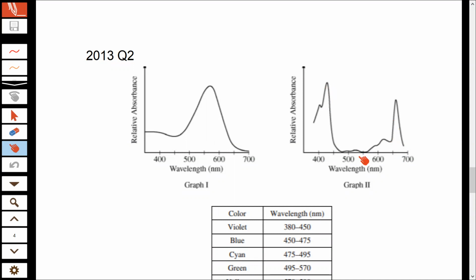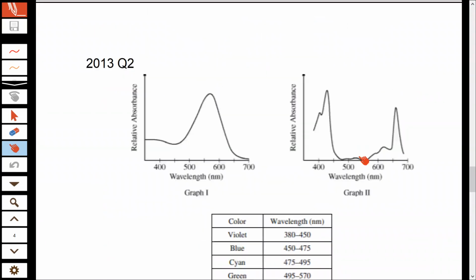And then 550 should have the least absorbance, right? So using the absorbance and saying that the more light is absorbed, the more photosynthesis goes on, we can say that 430 nanometers will have the highest rate of photosynthesis, then 650, and then 550.